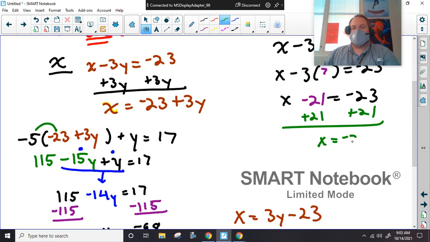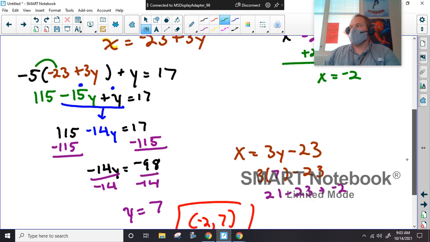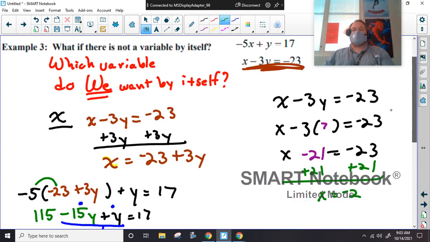And you still got negative 2. Yeah, this is where I said you could actually use either the top or the bottom at the very beginning, or you could use the one where we had a variable by itself. It doesn't matter. You're going to get the same stuff.